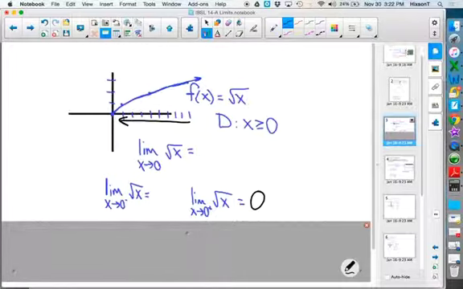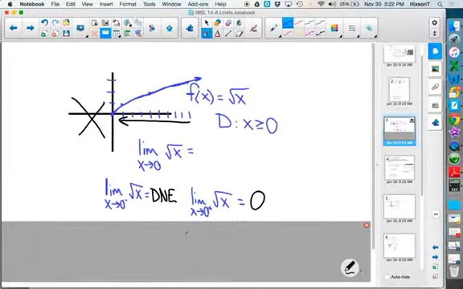However, what do you notice about our function on the left? On the left of 0, there is no function. It's not even defined down here. So I can't approach it from the left, can I? Therefore, my left-hand limit does not exist.